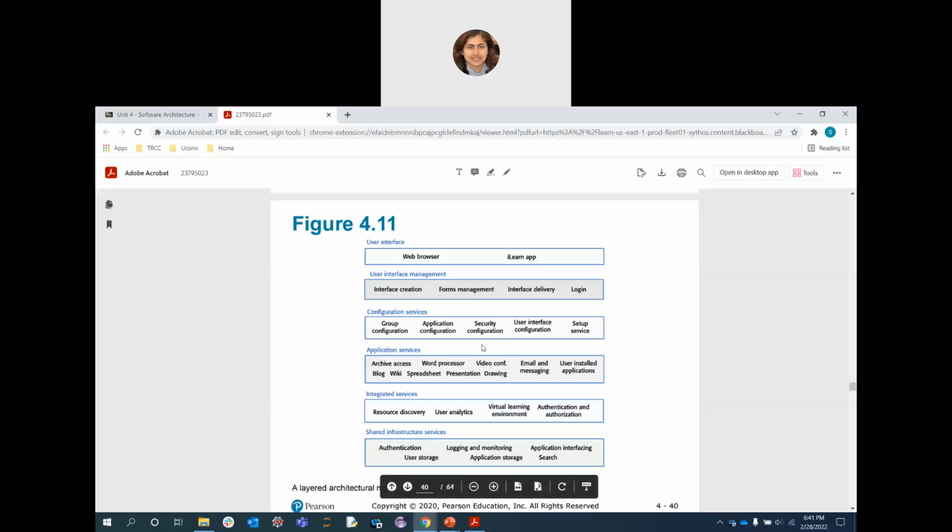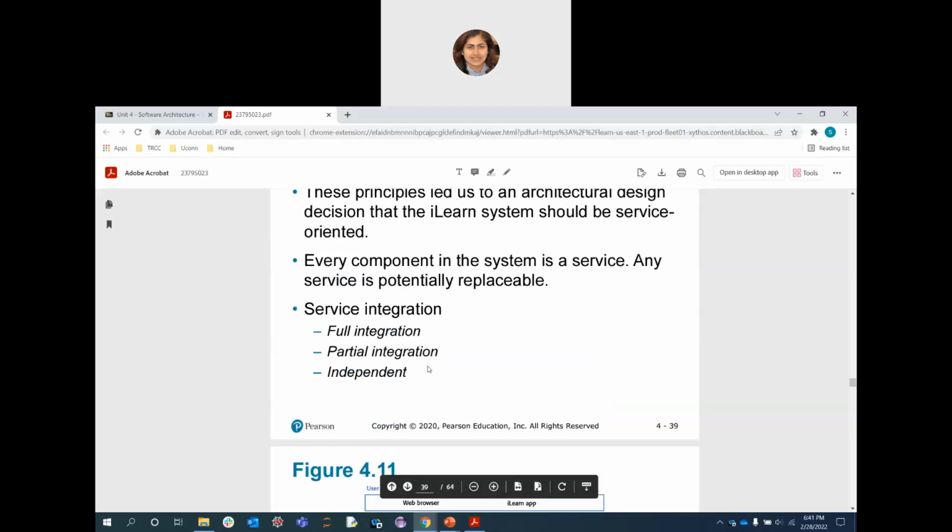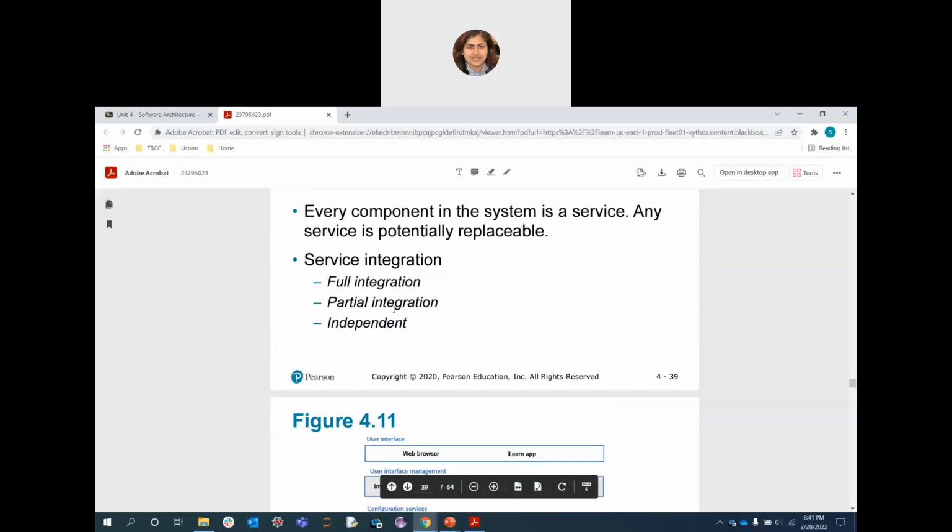If we look into the service integration, there are different types of service integrations. Here in this slide: full integration, partial integration, and independent. Full integration services means services are aware of and can communicate with other services through their application programming interfaces, APIs.